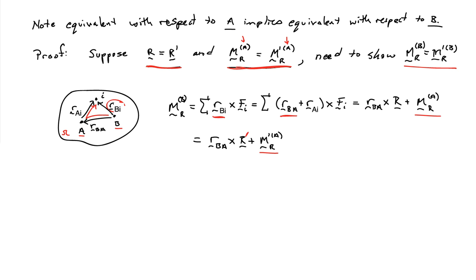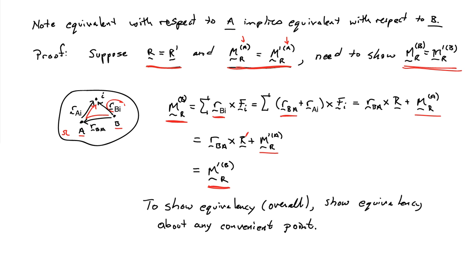So if I look at this expression, this is actually just a change of reference point expression that we had developed in our last set of lectures. So we end up with the resultant moment about B being equal to the resultant moment about B for the prime forces. Okay, and that's what we wanted to show. So we've proved that having equivalency with respect to A implies equivalency with respect to B.